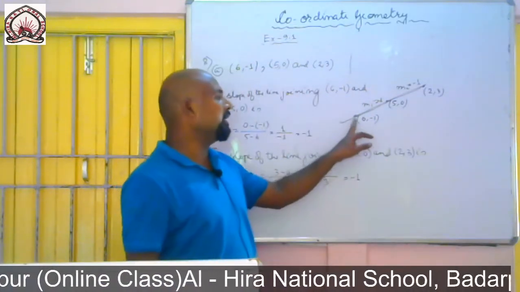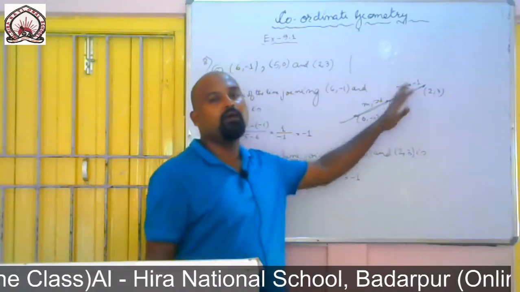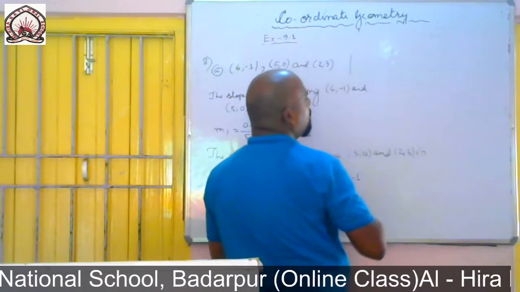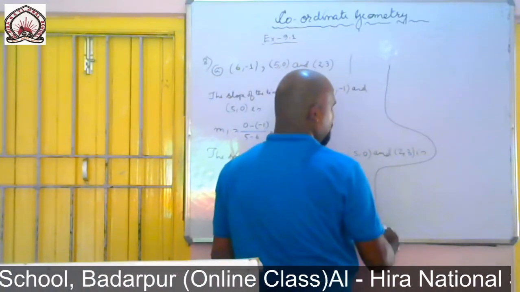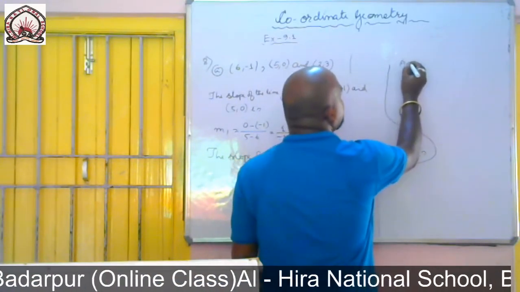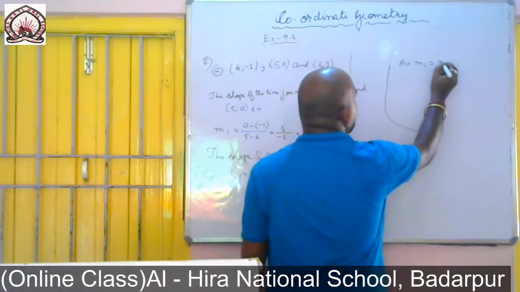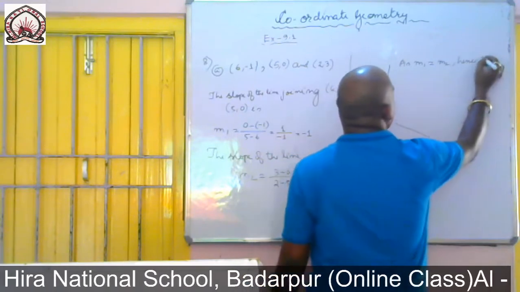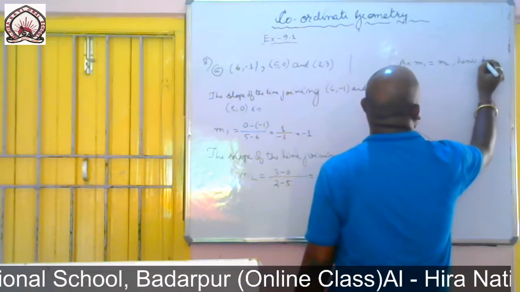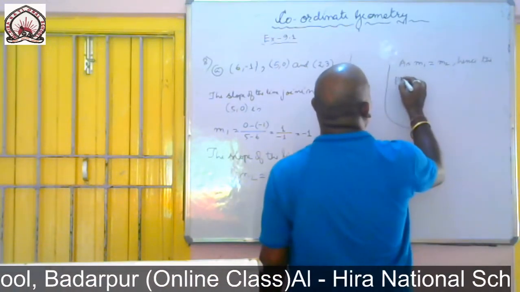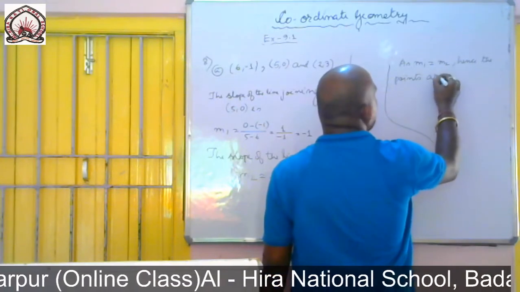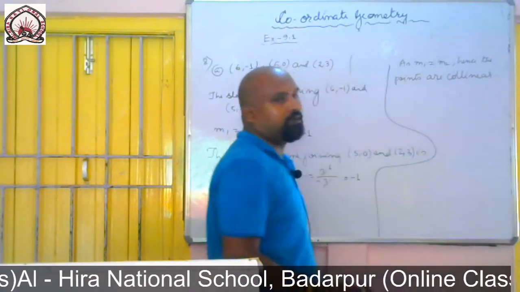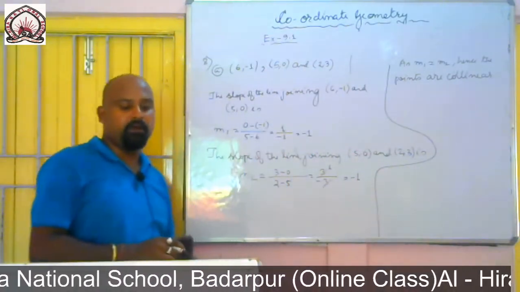So we can say that these 3 points are collinear, as m1 equals m2. Hence the points are collinear, as the gradients are equal.